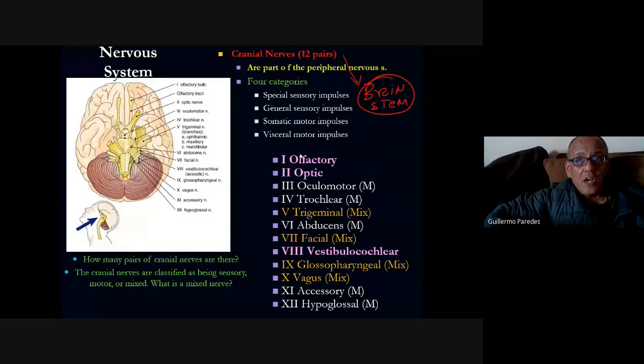If these cranial nerves are working properly, there is no damage of the middle brain. You don't need a CT scan or an MRI, because with clinical examination you can tell what is happening.